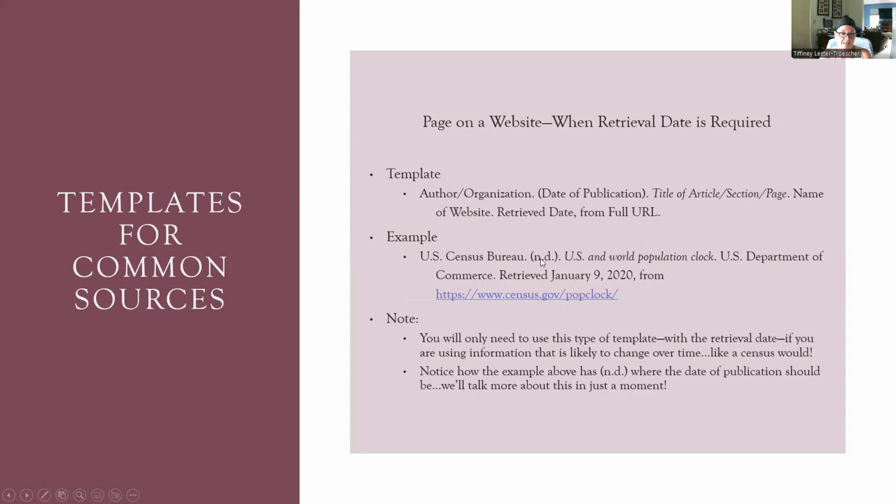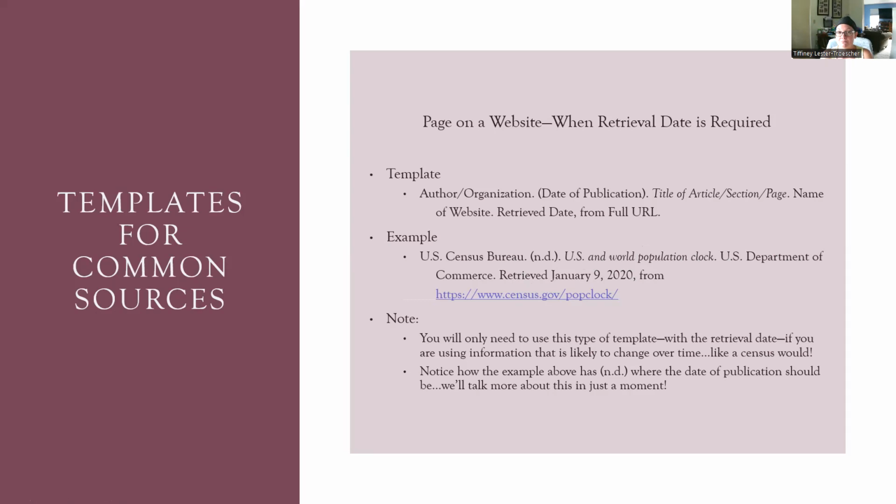Look at this, n.d., what does that mean? Well, that means there's no date given. So when you're looking at U.S. and World Population Clock on the Department of Commerce's website, it does not indicate a date of publication. We don't know.